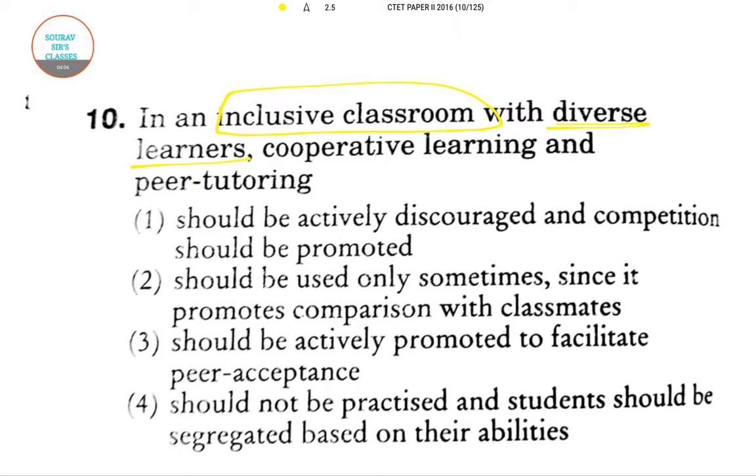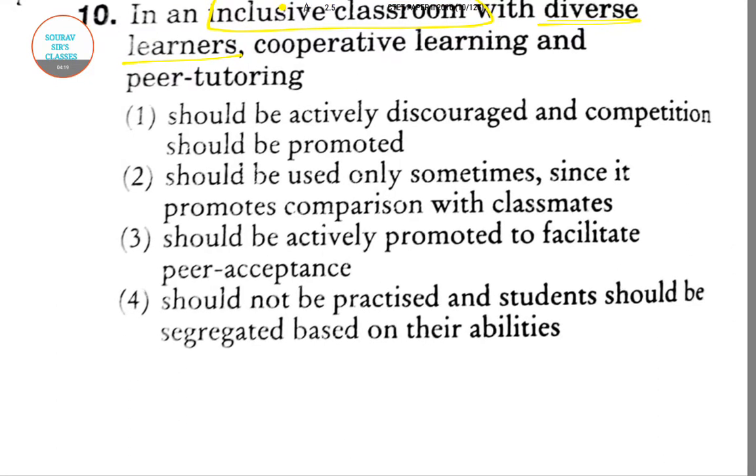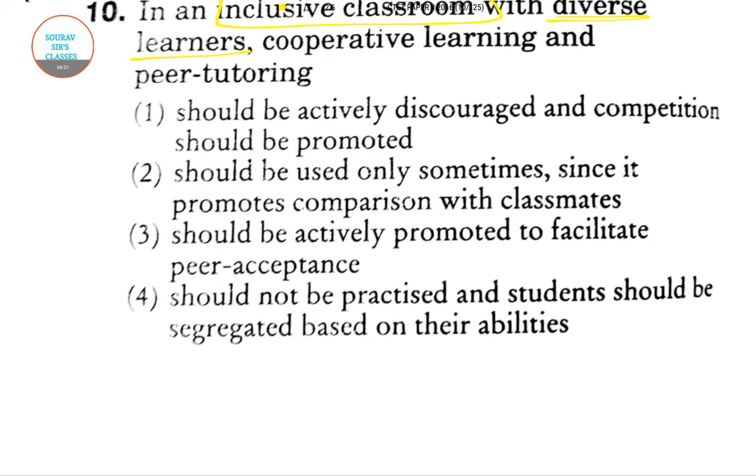The first one is saying that should be actively discouraged and competition should be promoted. The second one is saying that should be used only sometimes since it promotes comparison with classmates. The third one is should be actively promoted to facilitate peer acceptance, and the last one is should not be practiced and students should be segregated based on their abilities.